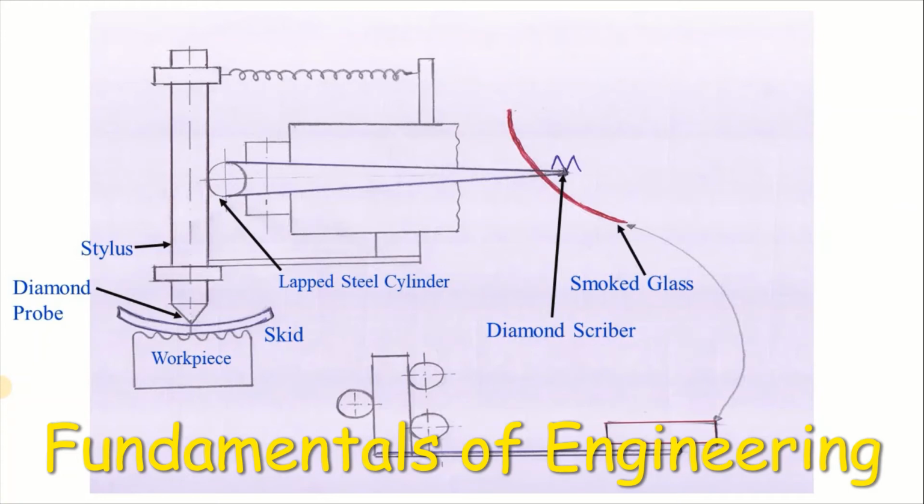The lap steel cylinder is connected with an arm which gives movement to the diamond scriber if there is a movement in the stylus.